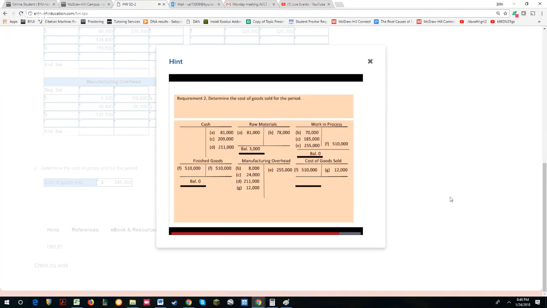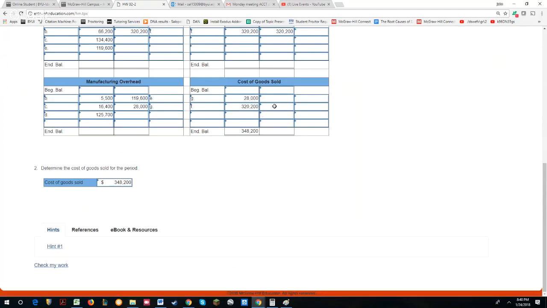We take the $510,000 and subtract the adjustment for over-applied overhead, $12,000, to obtain a cost of goods sold balance of $498,000. This means that our income statement will show cost of goods sold for the month of $498,000. This completes requirement 2.